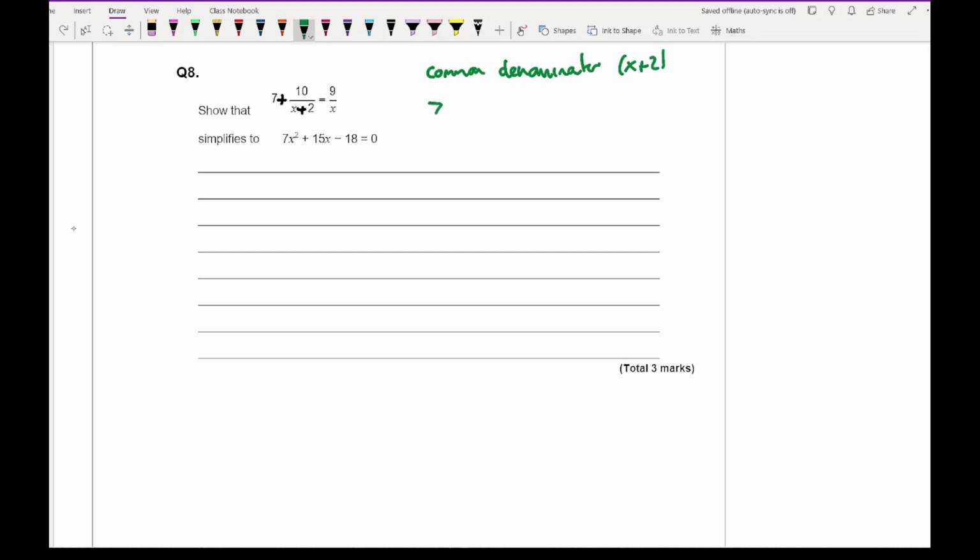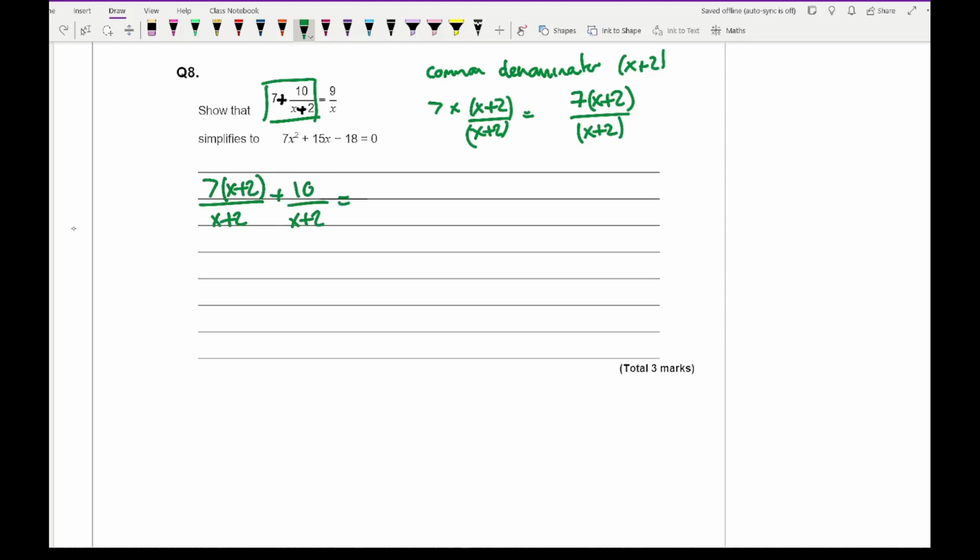So then 7 times x plus 2 over x plus 2 is going to equal 7 times x plus 2 over x plus 2. So then looking at this, what I end up with is 7 times x plus 2 over x plus 2 plus 10 over x plus 2.